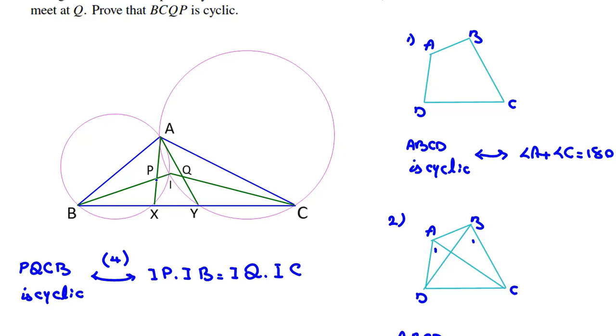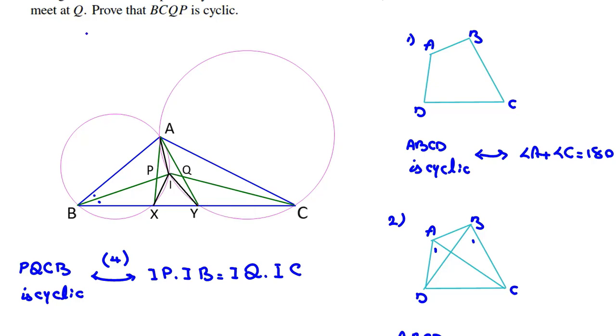So we should focus on IP and IQ. Let's consider something. We know these two angles are equal. Both of them are B half. And it is a cyclic quadrilateral, so these two arcs also are equal because they are opposite to these two angles. Now let's draw lines, this line, this line, this line.